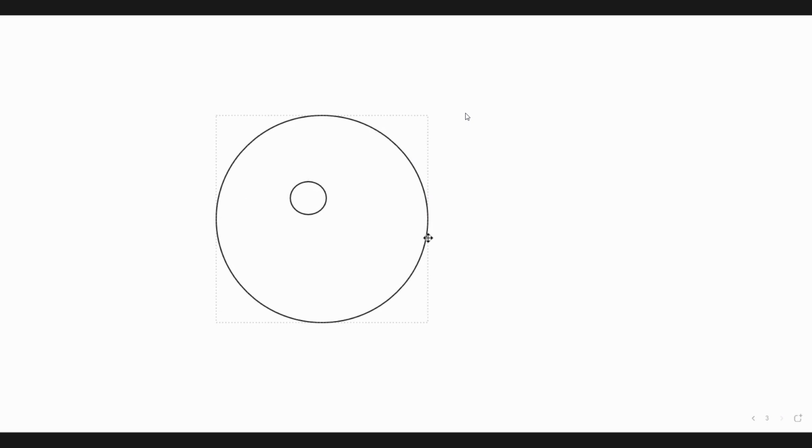Okay. So here you've got the orbit of the Earth. Here you've got the orbit of Mars. And of course, the sun is at the center. Well, what we want is an orbit that connects the orbit of the Earth to the orbit of Mars.